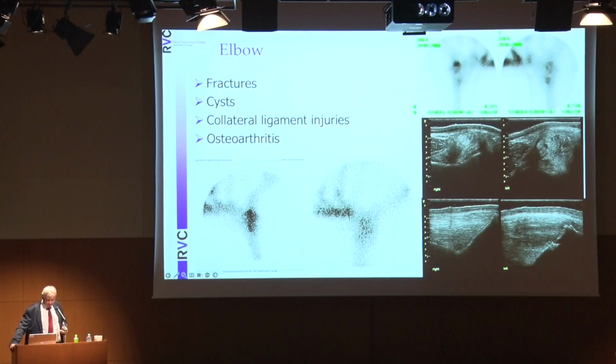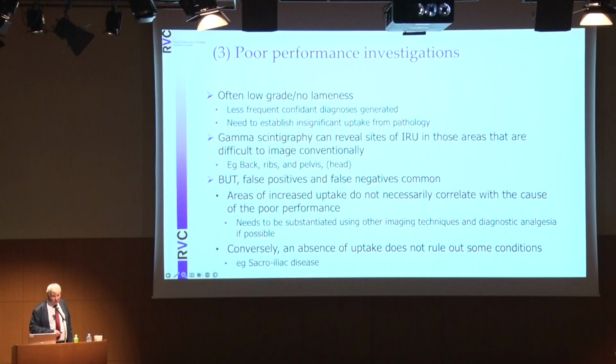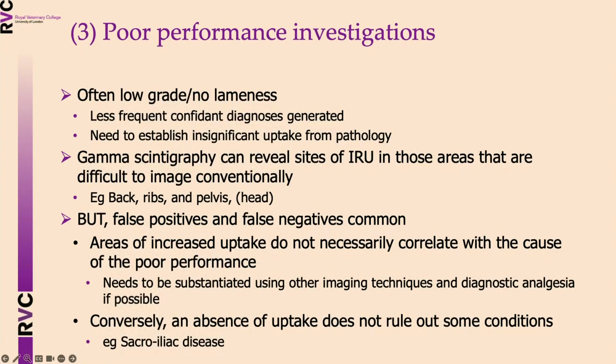And then the third important use of scintigraphy for us is for the investigation of poor performance in sports horses. So they're often very low grade lame or no lameness at all, and so it's quite difficult often to see abnormalities on the bone scan.